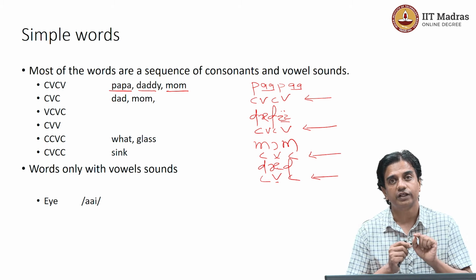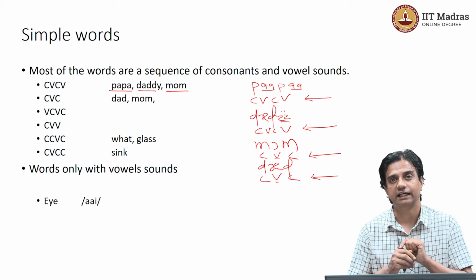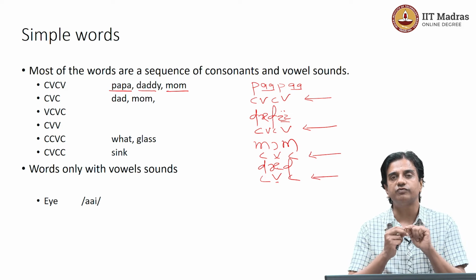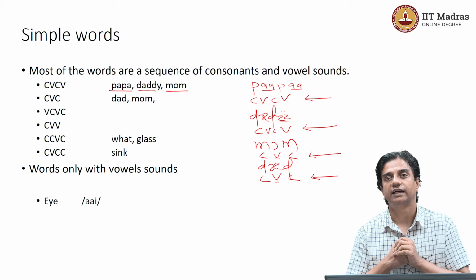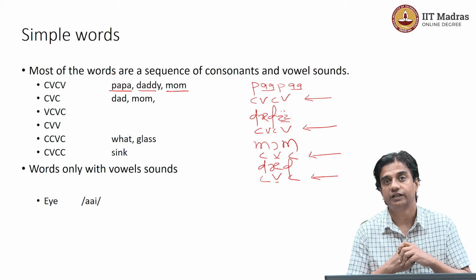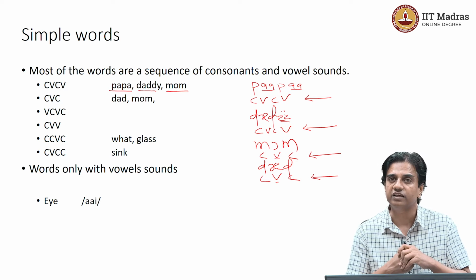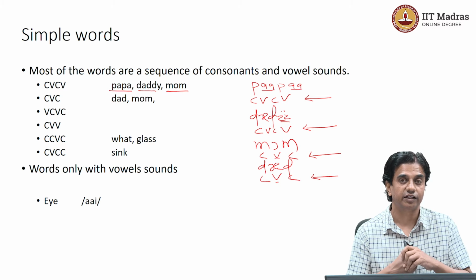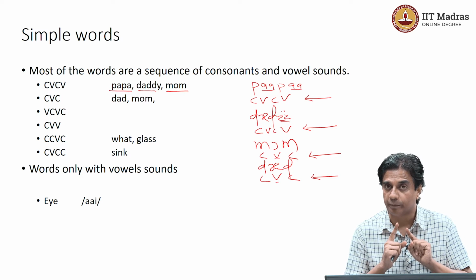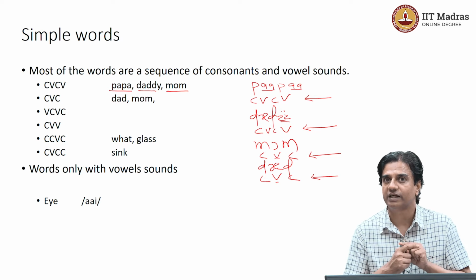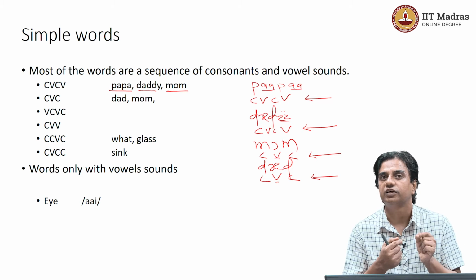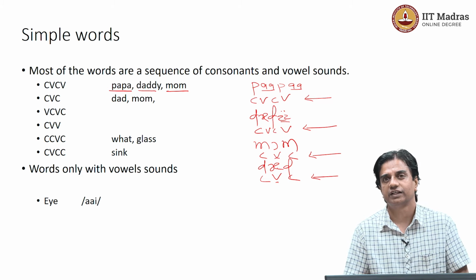Now, this becomes meaningful in understanding why only 24 consonant sounds and only 20 vowel sounds together can make millions of words. Keep in mind, the pattern is not random, but still we can have millions of words only with these 44 sounds.